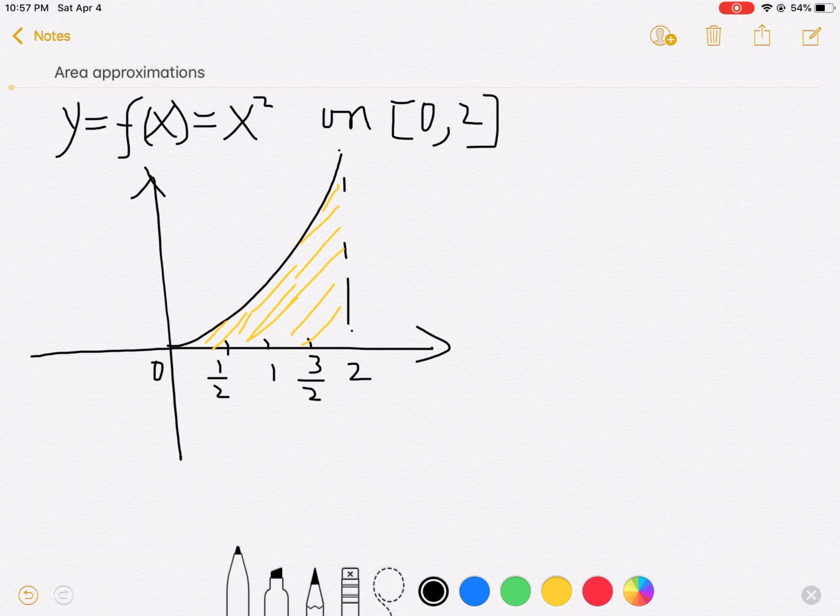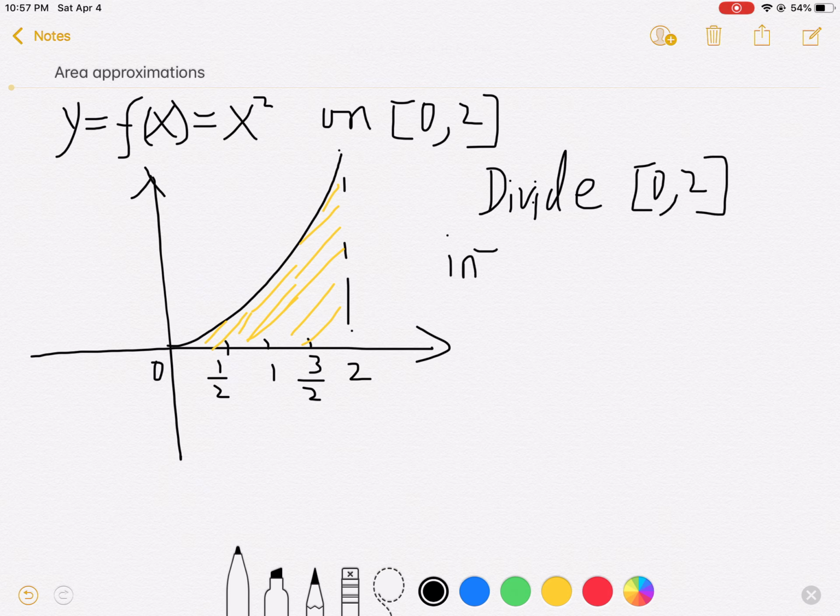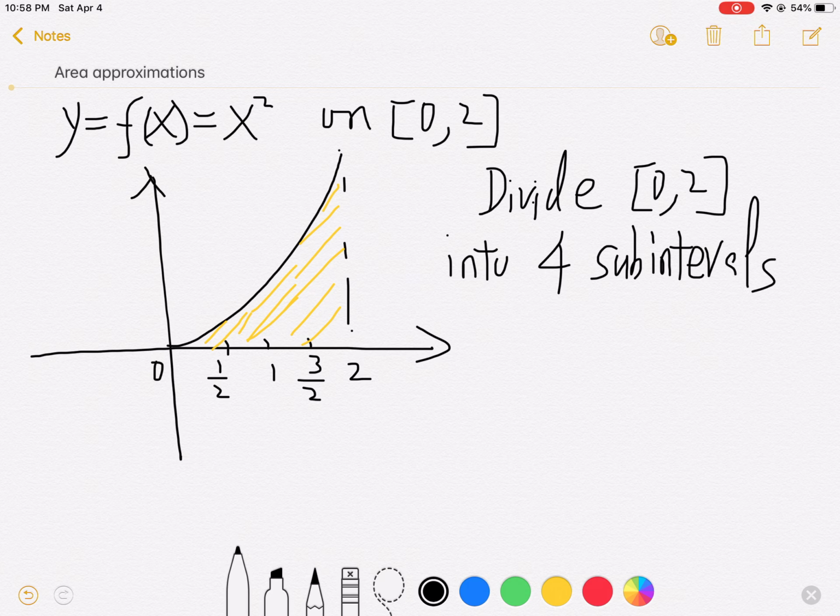Okay, so the idea is let's divide our interval from 0 to 2 into 4 subintervals with equal length.